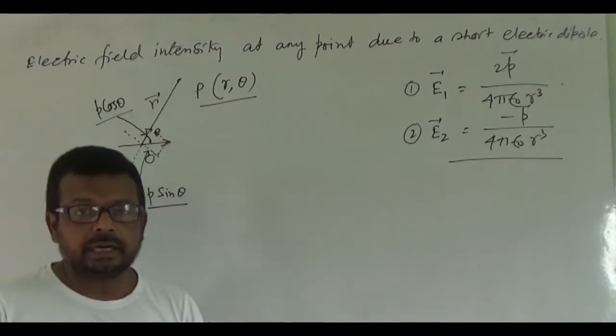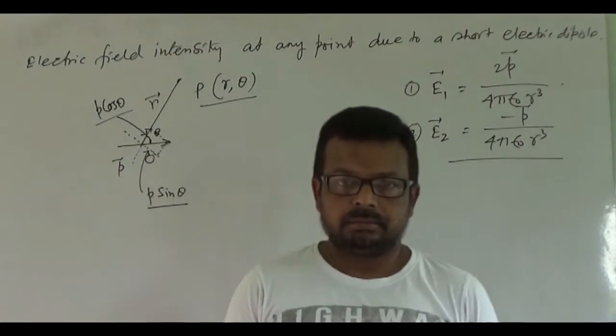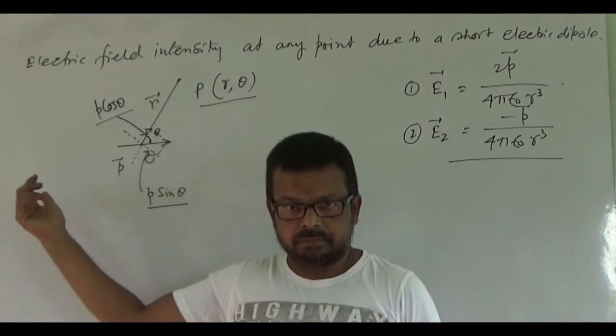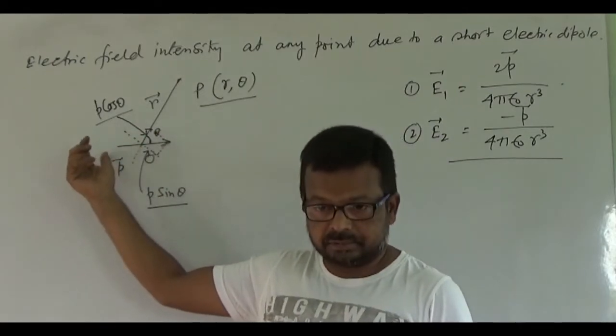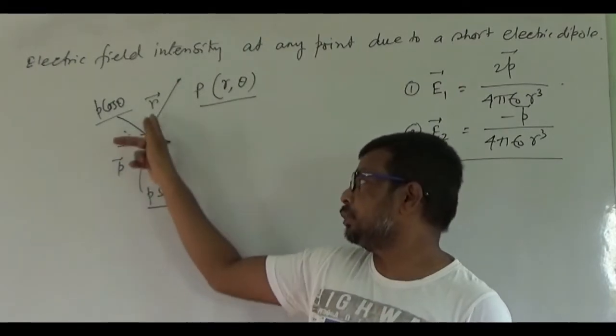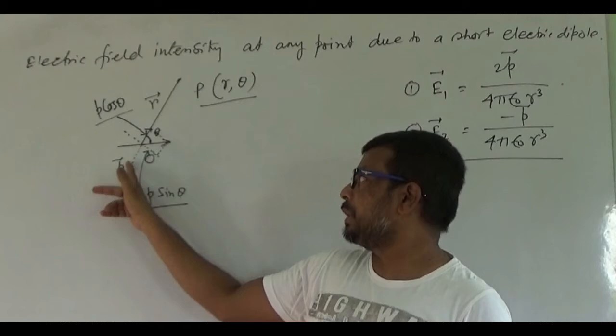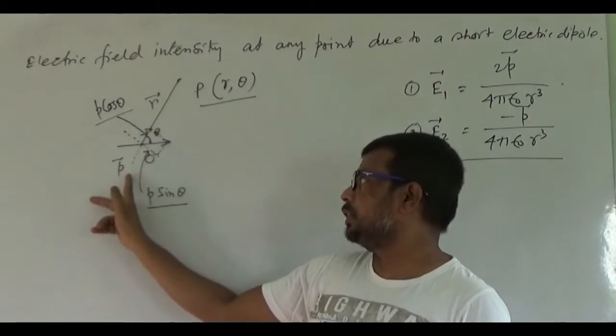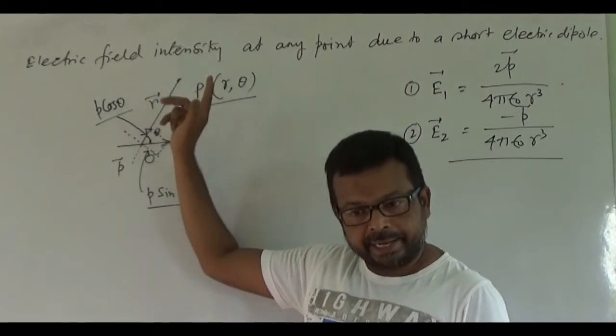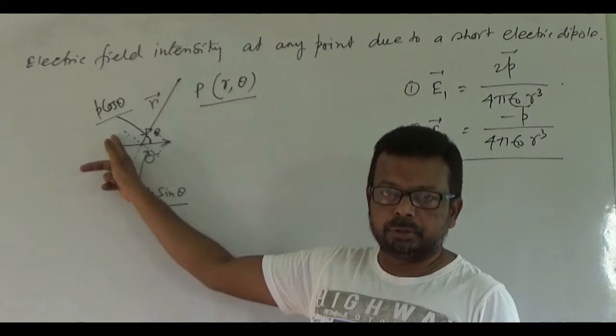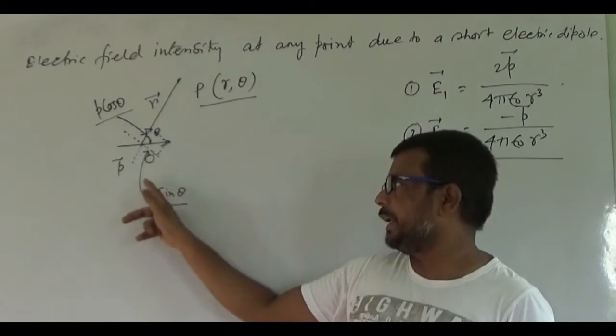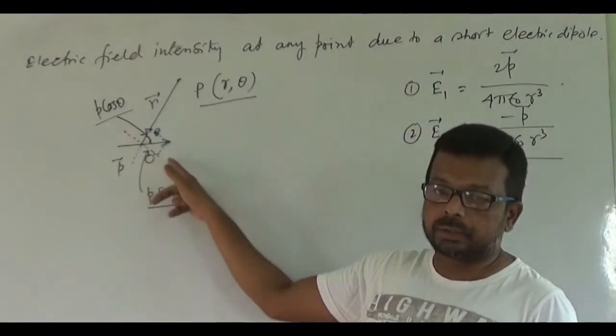That means now we can assume the original dipole is absent, but there are two dipoles, one of dipole moment p cos theta whose direction is along OP, and another dipole of dipole moment p sin theta whose direction is perpendicular to the r vector.